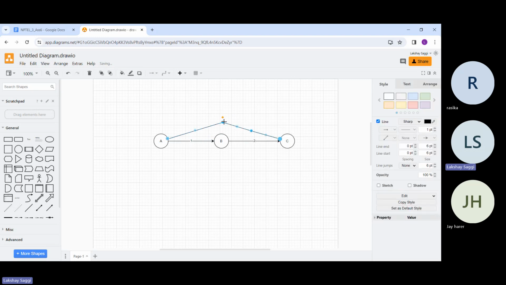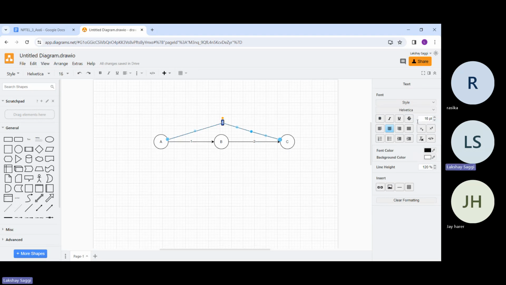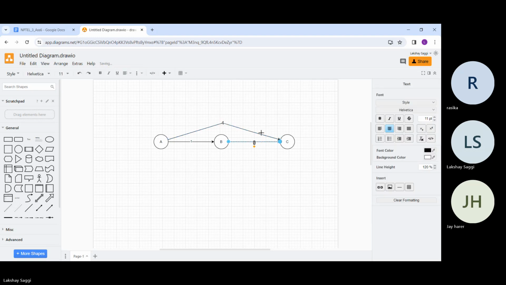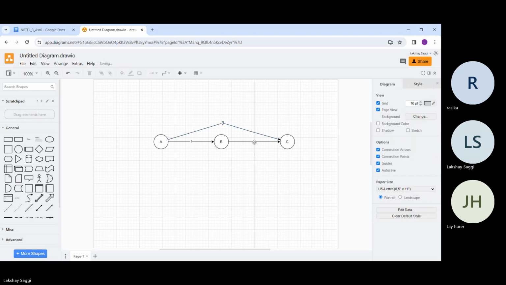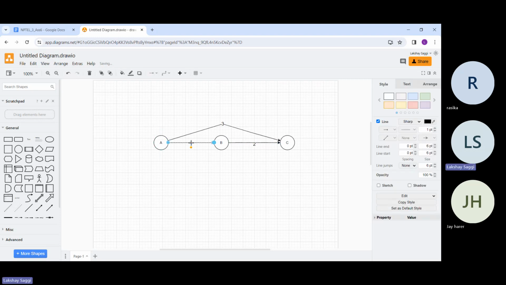This edge has a weight of 2. I'm just improving the font size so that you guys can see it more clearly.